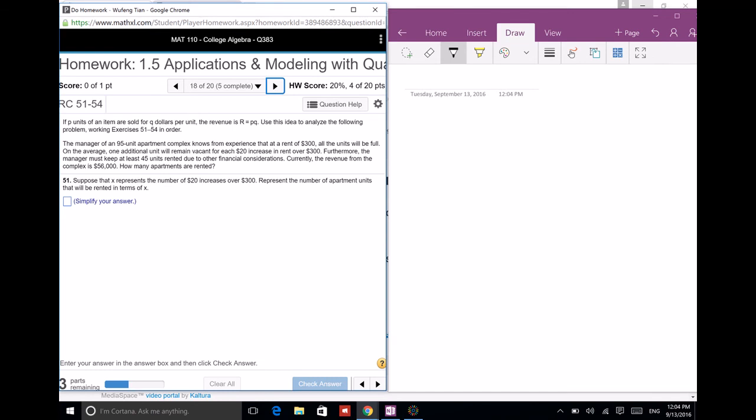If P units of an item are sold for Q dollars per unit, then R equals PQ. Use this idea to analyze the following problem, working exercises 51 to 54 in order. It seems like this one has more questions. The manager of a 95-unit apartment complex knows from experience that at a rent of $300, all the units will be full.